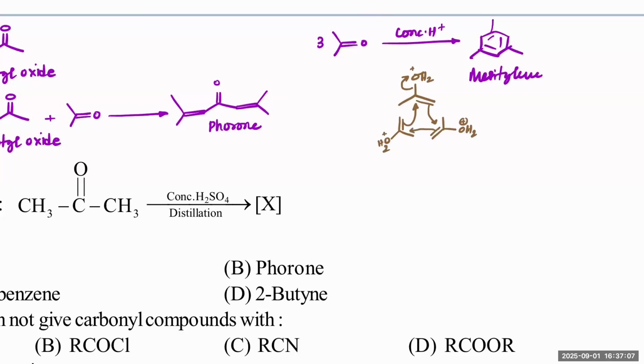So what is the ring size now? 1, 2, 3, 4, 5, 6. Correct? This is the ring size I got. So I will get this into a cyclic structure, and OH2 is gone in all these 3 cases. So if OH2 is gone, what is left? There is one methyl, methyl, and methyl left.